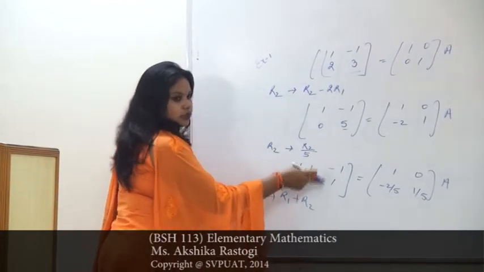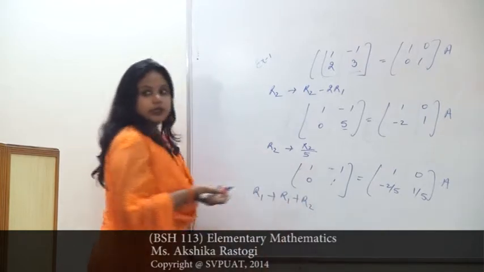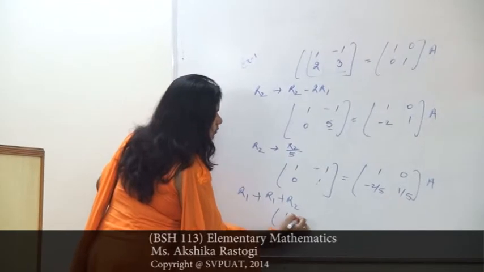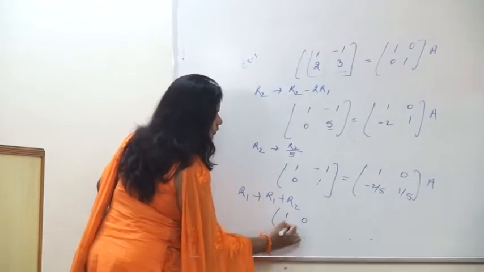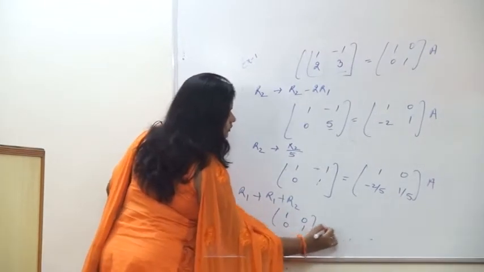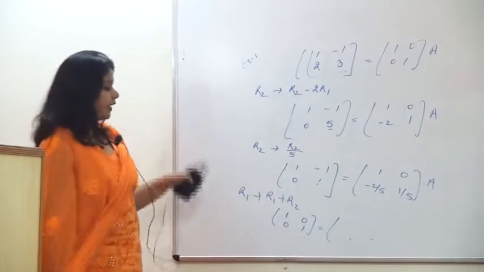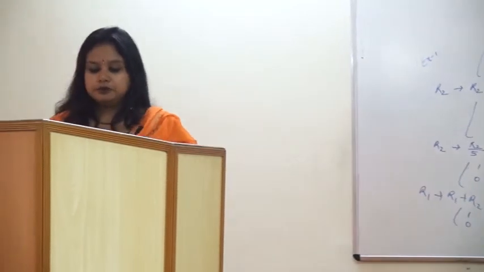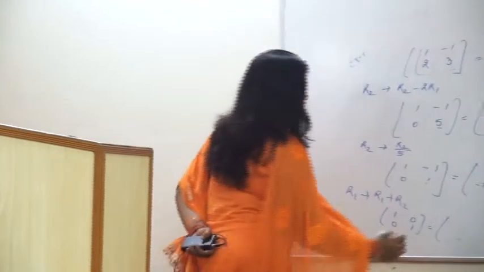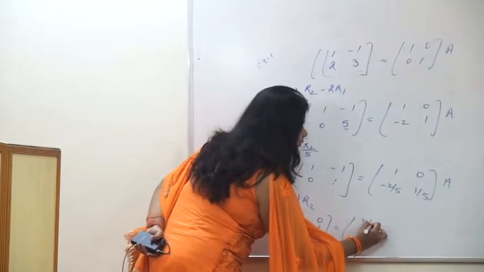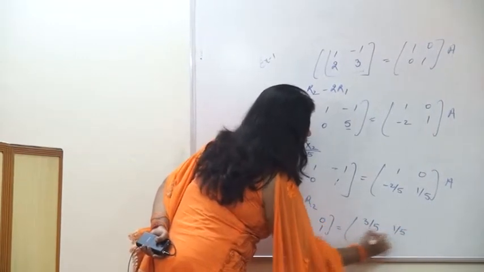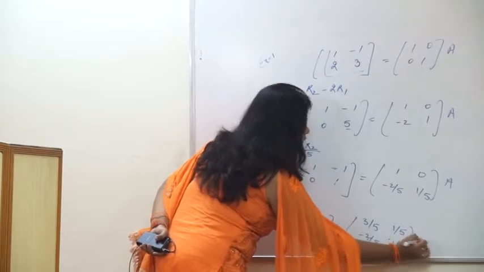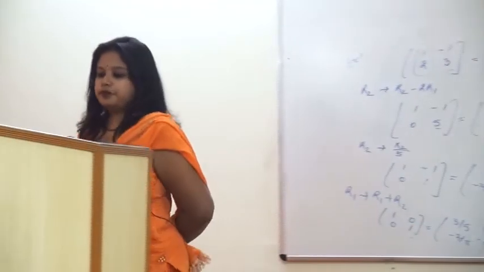If we add these two rows, this element automatically becomes 0. So we get 1, 0 and 0, 1. We apply the same transformation on the right hand side, which gives 3 upon 5 and 1 upon 5, minus 2 upon 5 and 1 upon 5.